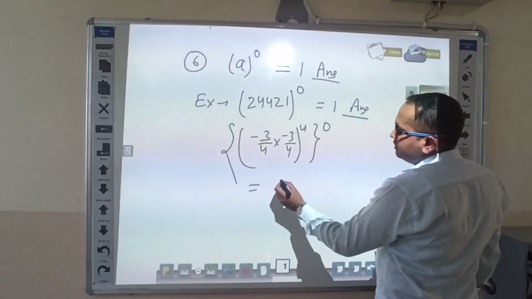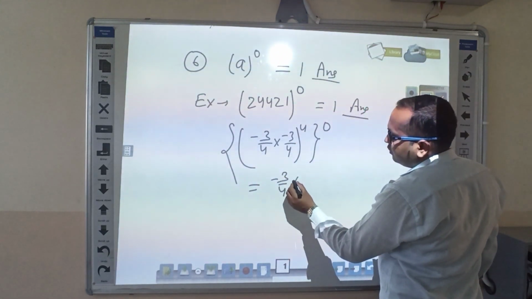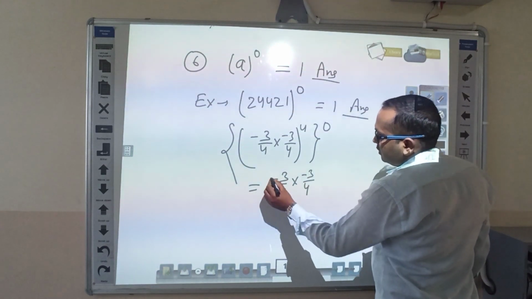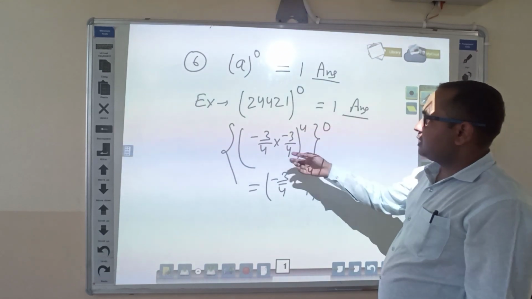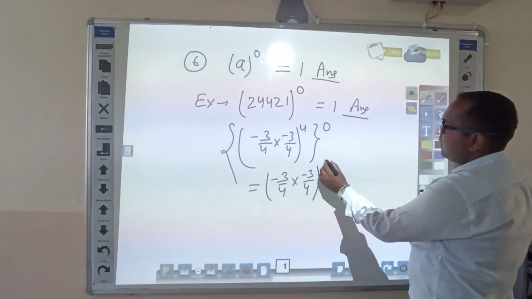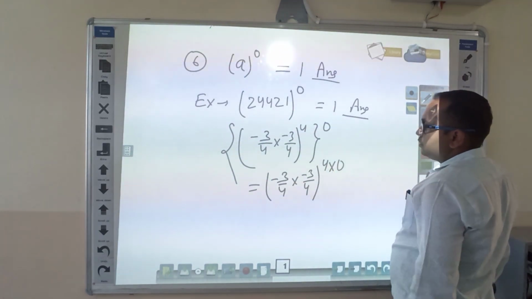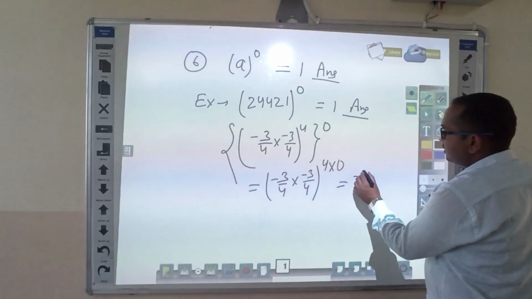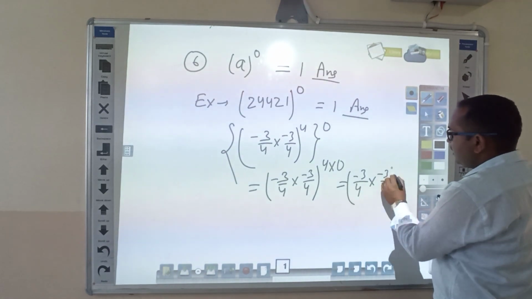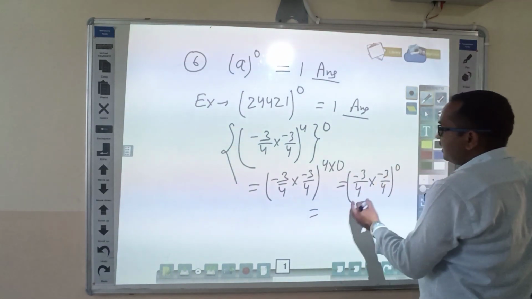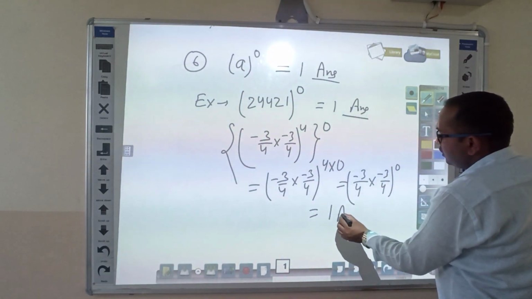The exponent is 0. Why? Because the laws of exponent state that when these two numbers are in bracket form, we simply multiply these two, m into n. So 4 into 0, it gives (-3/4 × (-3/4))^0. Anything raised to the power 0 always gives 1.